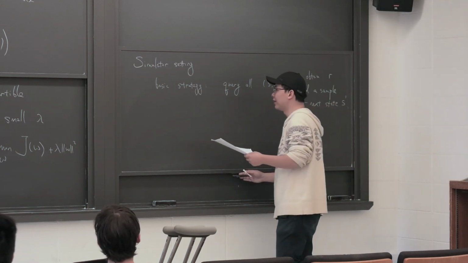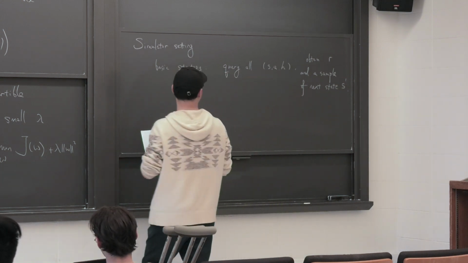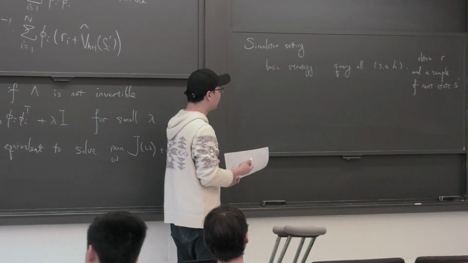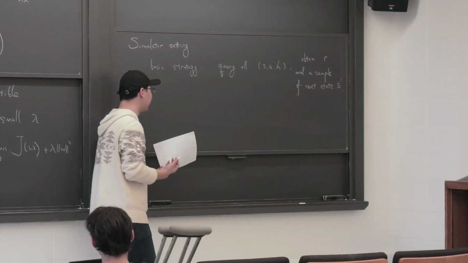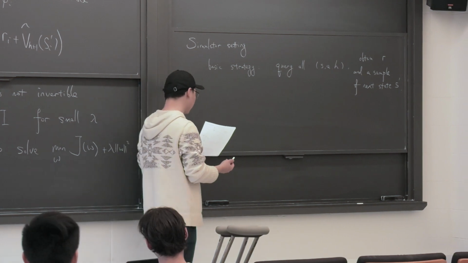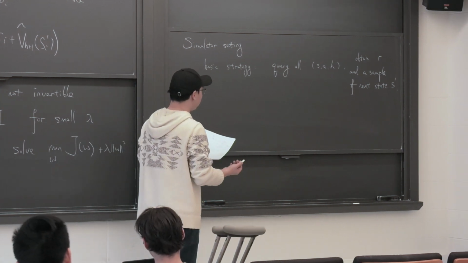However, now we're in this large space scenario. We want to do function approximation because we have an extremely large number of states. And last time we said most states will not even be visited once. So we may even have an infinite number of states.